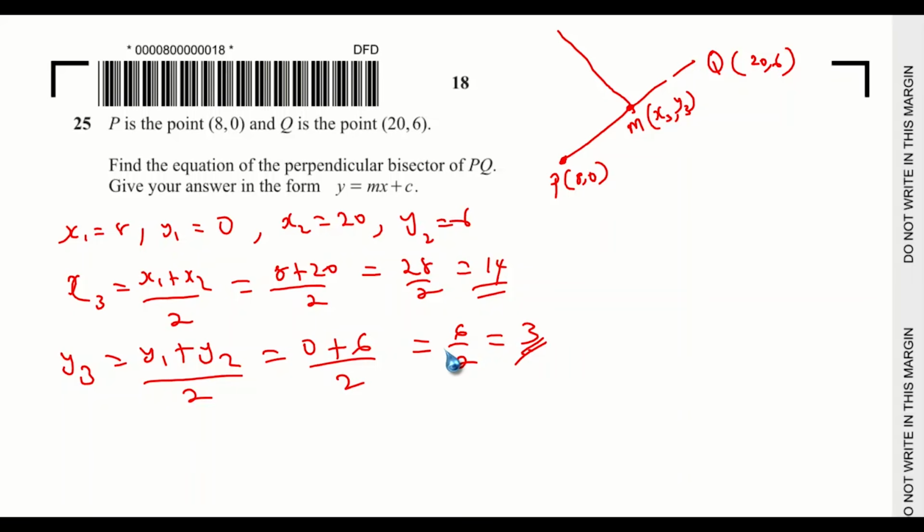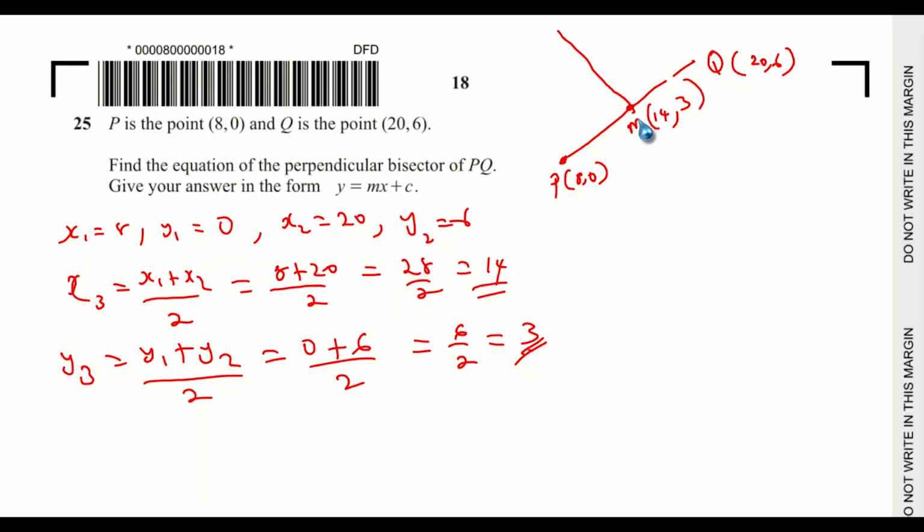So y3 is equal to 3. So we can put the values here. x3 is equal to 14 and y3 is equal to 3. So that is the midpoint. Then that means the equation of the perpendicular bisector of PQ passes through point M with the coordinates 14 and 3 respectively for x and y.